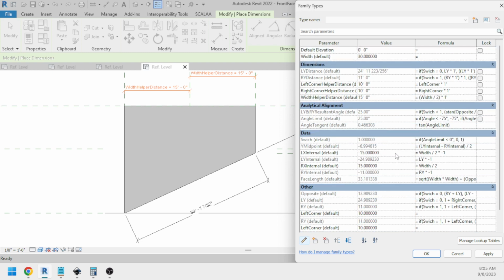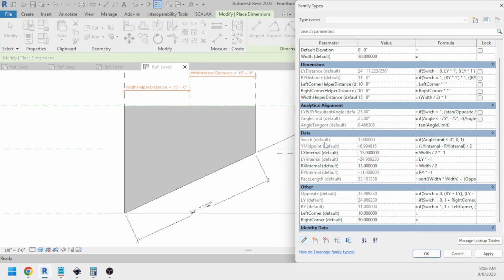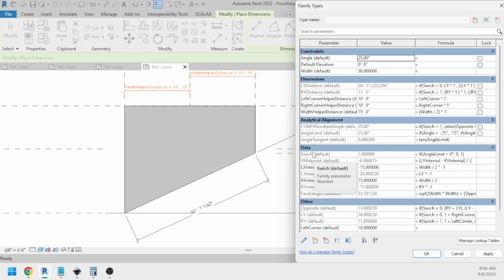I organized the parameters in constraints, dimensions, analytical alignment, data, and other. This is very important because each of these parameters is necessary. There are only a couple of analytical parameters, but they are good for evaluating if we are doing the calculations well.